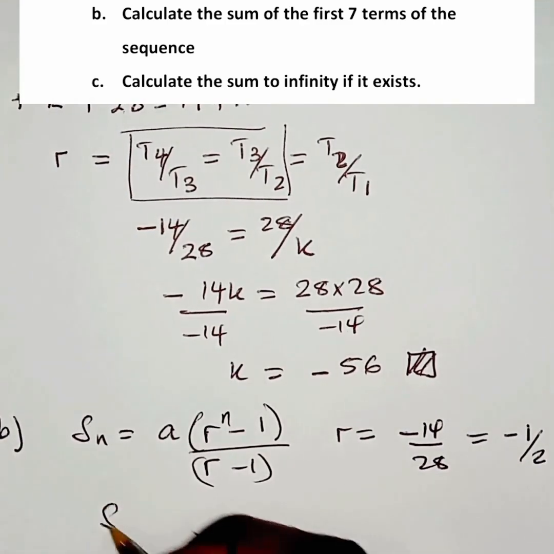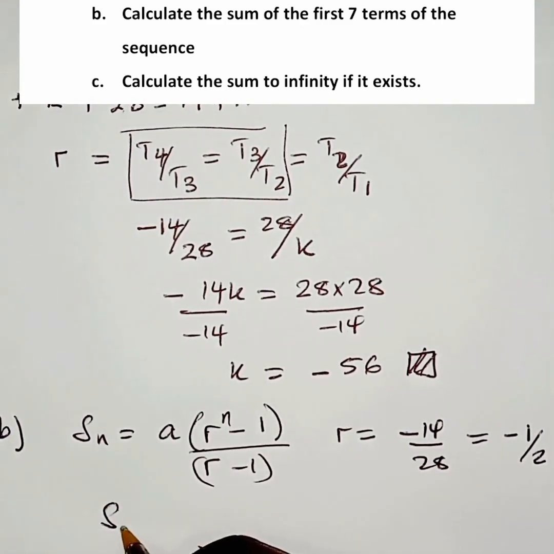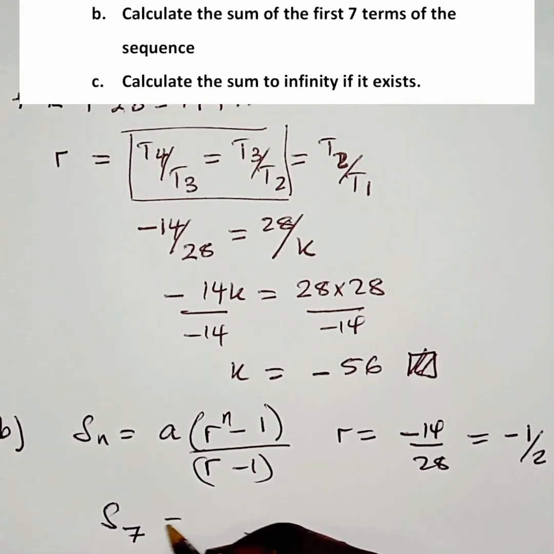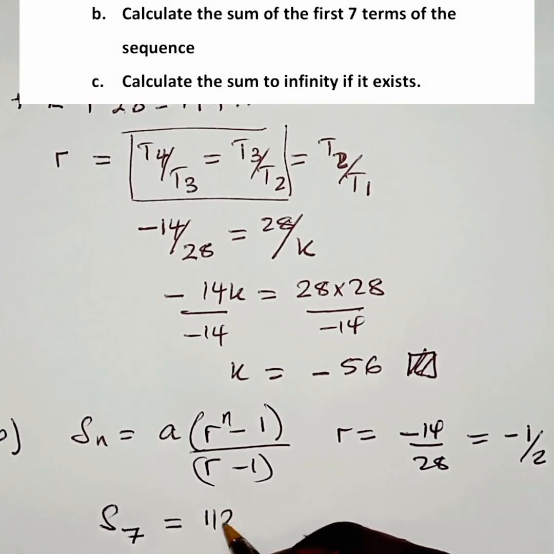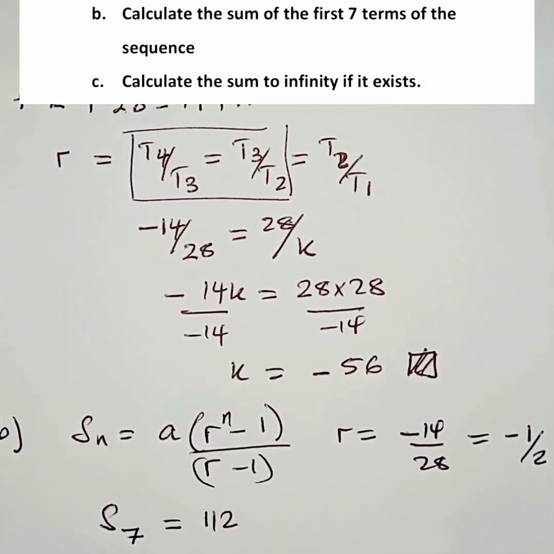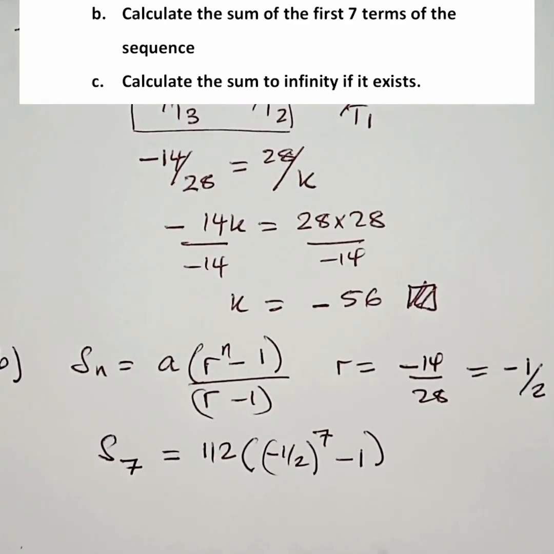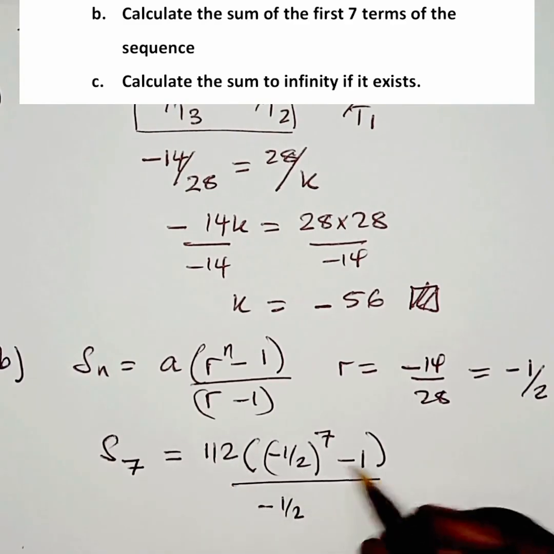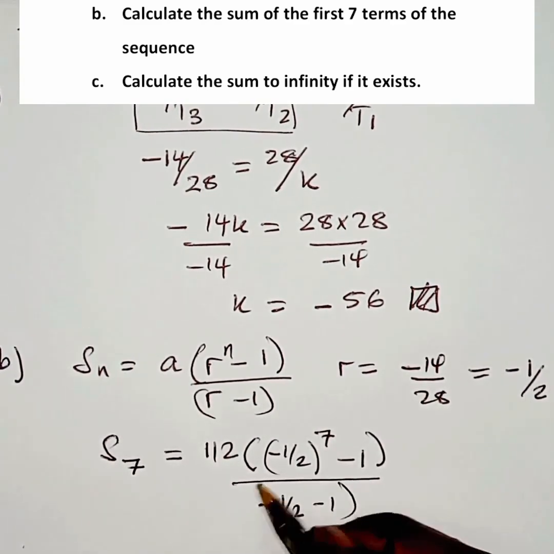So we say the sum of the first 7, which we denote by S7, is equal to 112, that is for A, multiplied by R, which is minus 1 over 2, to the power of 7, minus 1. We are going to divide that by minus 1 over 2 for R, minus 1, like that.